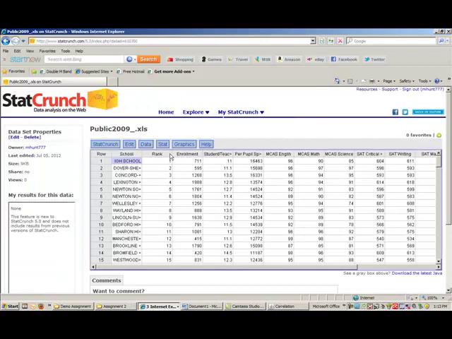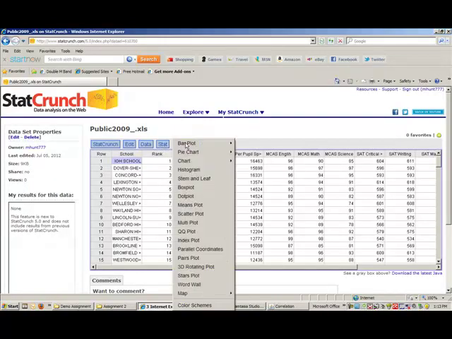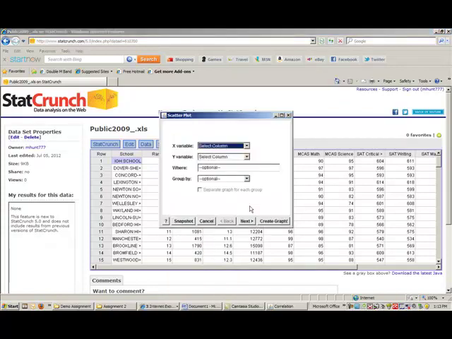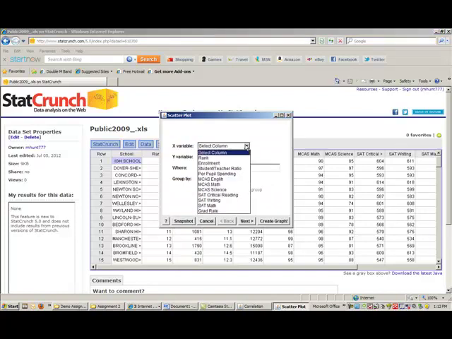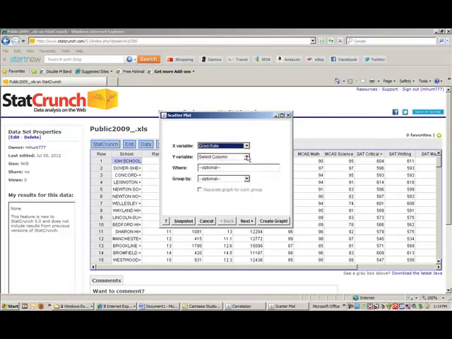If we wanted to, we could pull up a scatter diagram. We could go under Graphics and pick Scatter Plot. Let's pick graduation rate as our X variable and MCAS English as our Y variable.